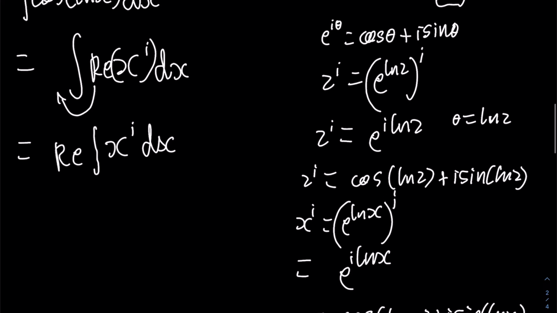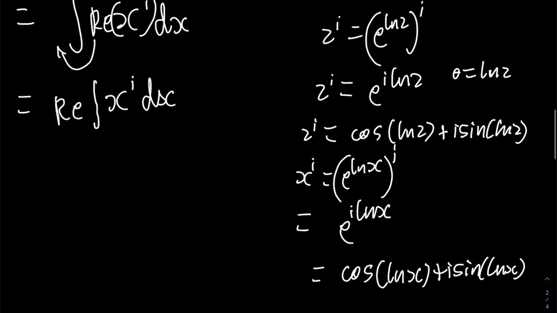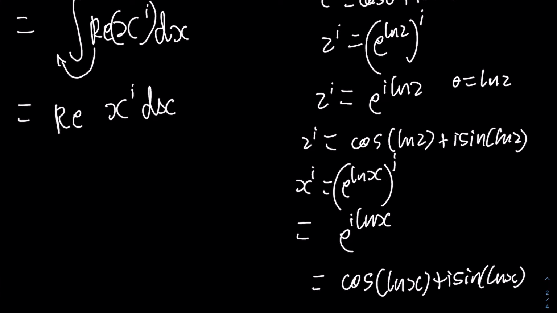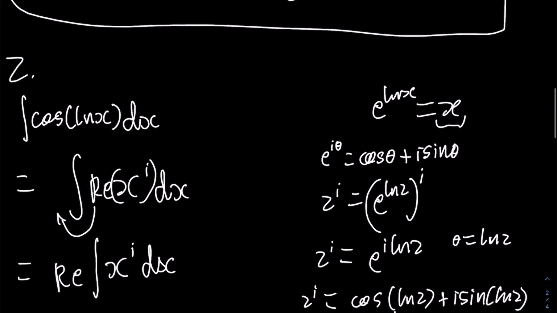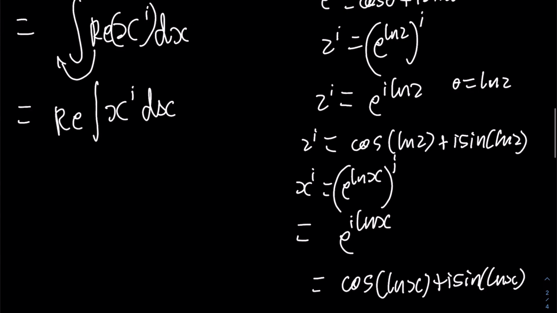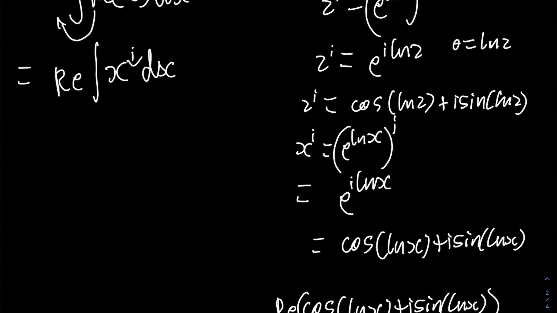So now, computing the integral of x to the i, we have an indefinite integral, and we don't have any need for any sort of paths or complex integration techniques. We can just treat the i as a regular constant. It is the imaginary unit, the square root of -1, so we can just use the power rule.